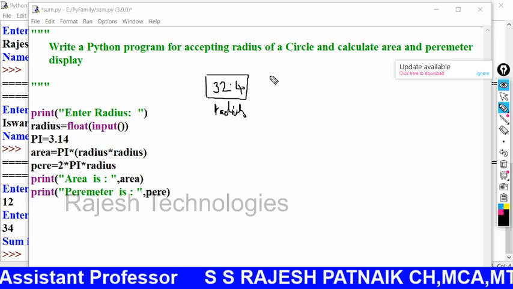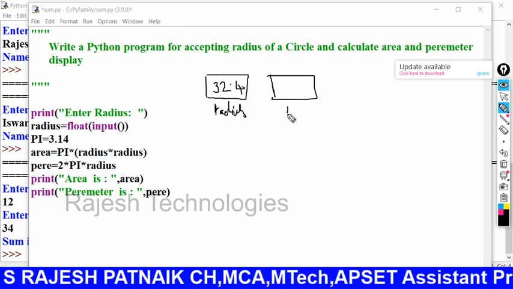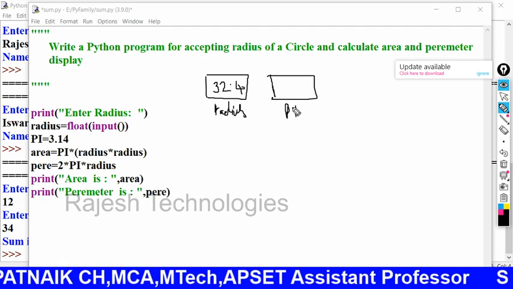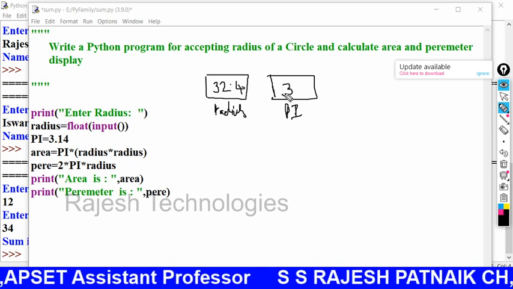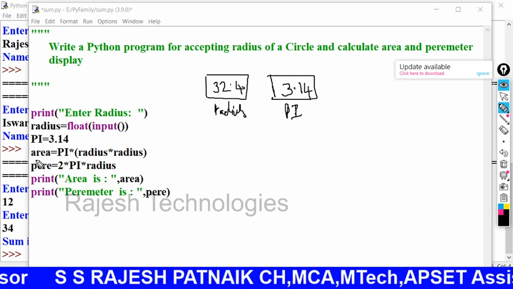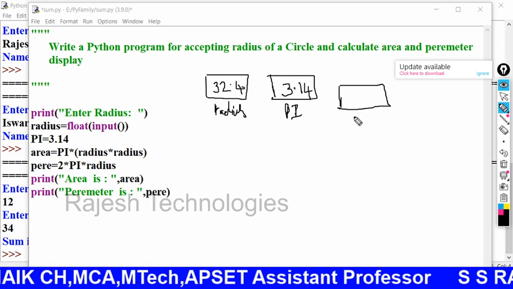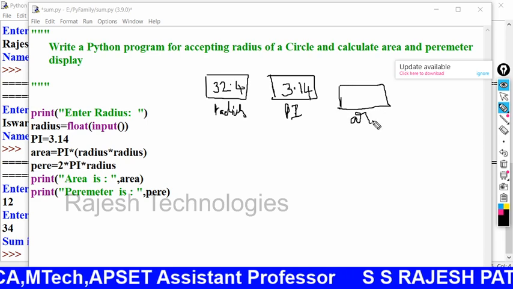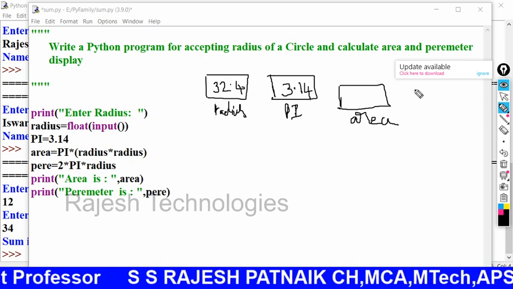Next is pi, the another memory. P capital and I capital. And here 3.14 is directly. And next is area, the another memory. And next one is perimeter, the another memory.